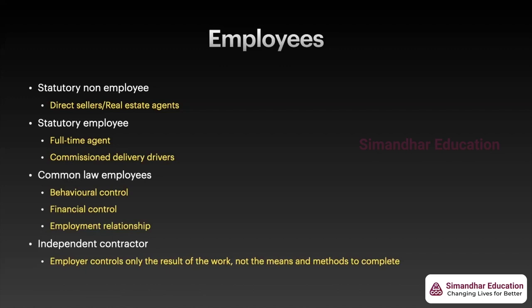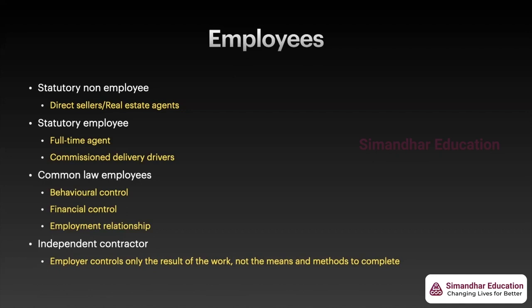It is similar to TDS, right? If you're working for any organization, before salary is paid out, they withhold TDS on your income, which can obviously be claimed later in your tax return. Similarly, in the US, the IRS has said that based on the employee definition, whether it is a common law employee or an independent contractor, there are different taxes that have to be withheld.